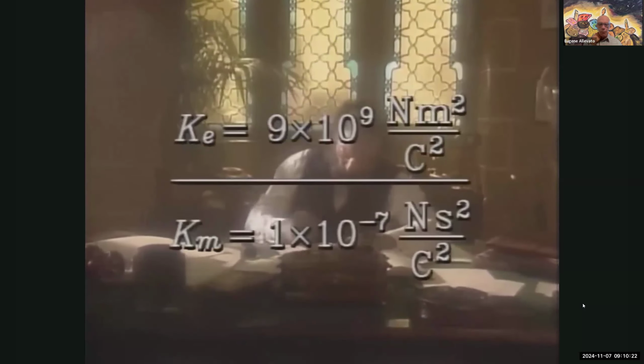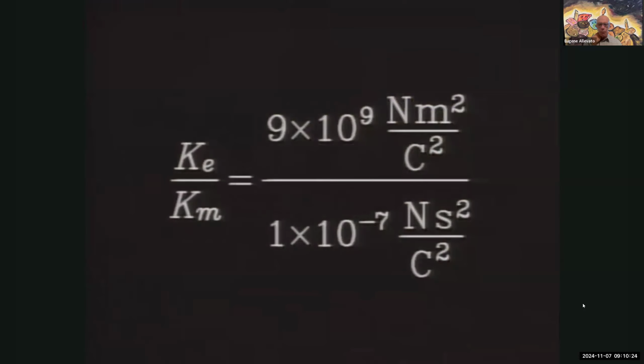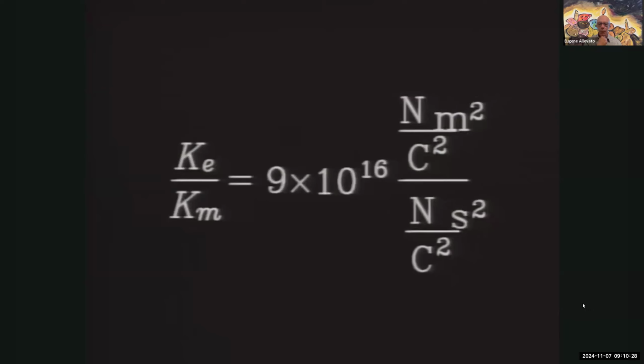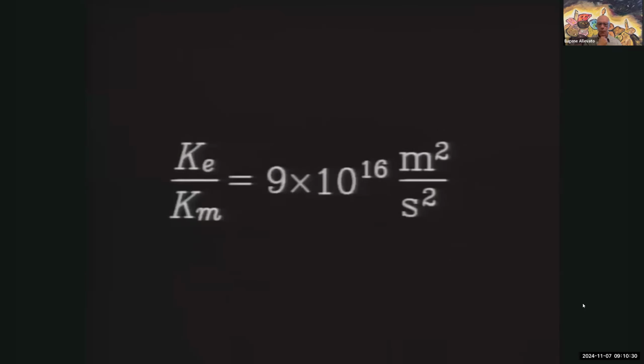But the question is, how? The ratio K sub E divided by K sub M has the units meters squared over seconds squared. In other words, the square of a speed. But what speed?